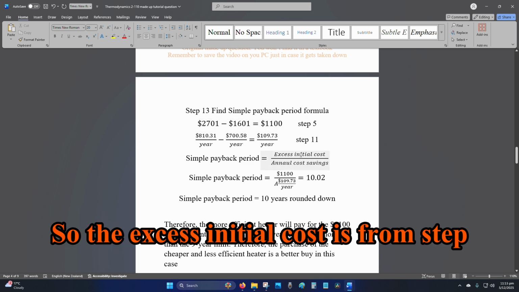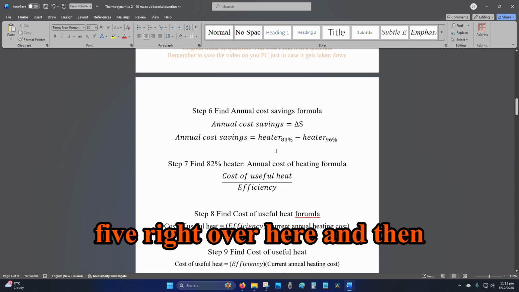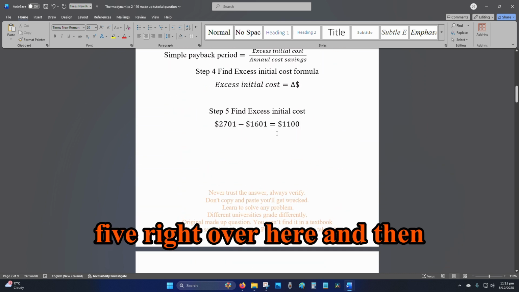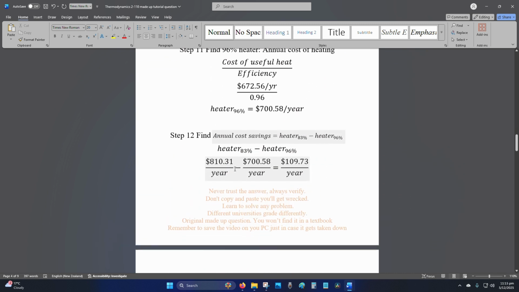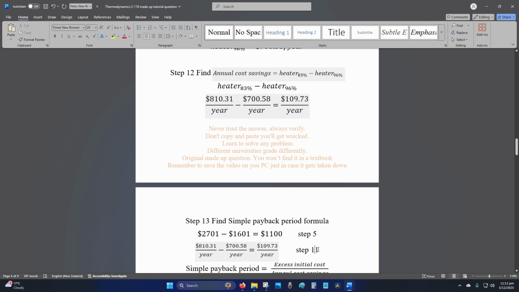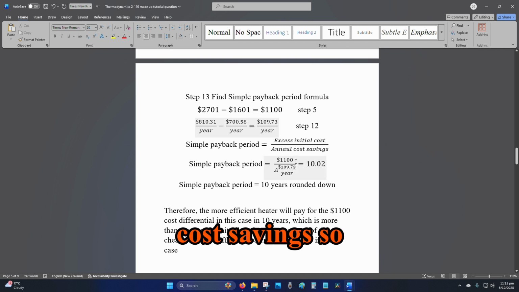So the excess initial cost is from step 5. Right over here, and then step 11 is what we just found. Step 12, apologies, is what we just found for the annual cost savings.